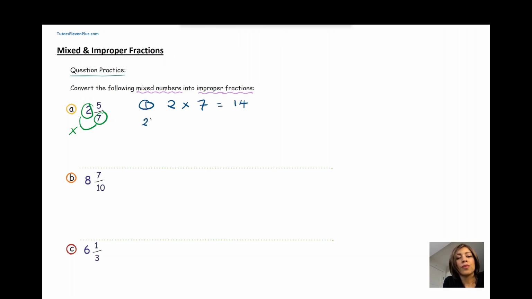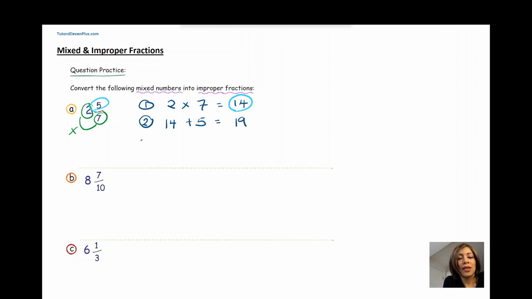Step 2, we needed to take this number and add it to the numerator. So we would have 14 plus 5 gives us 19.